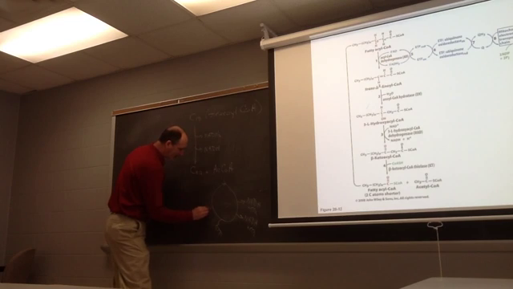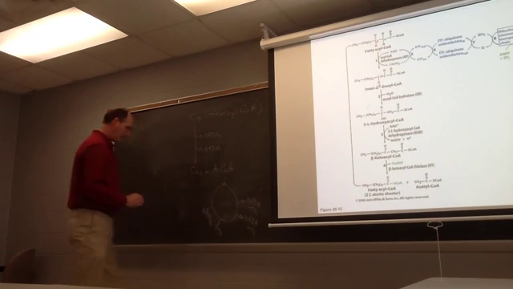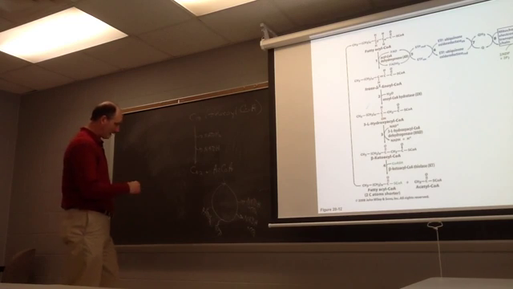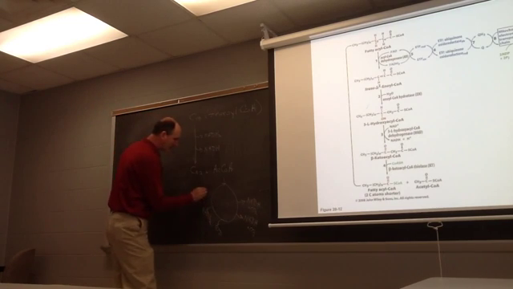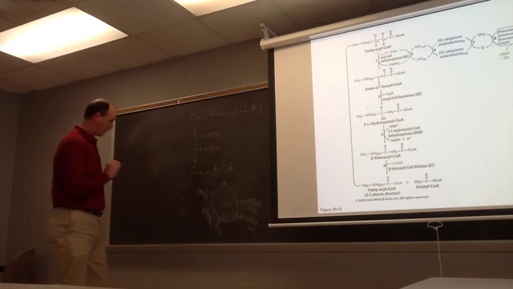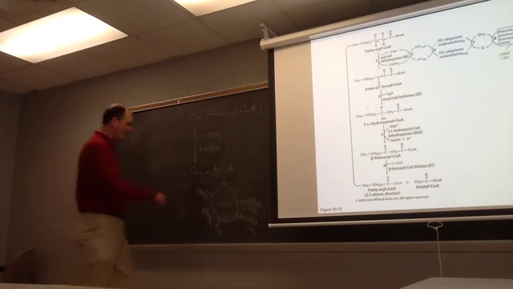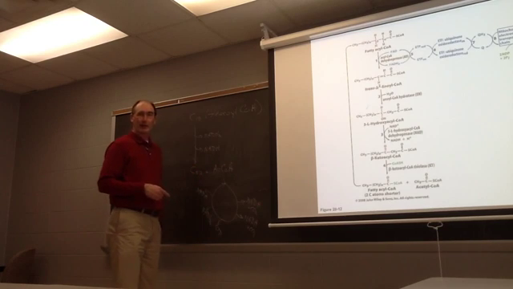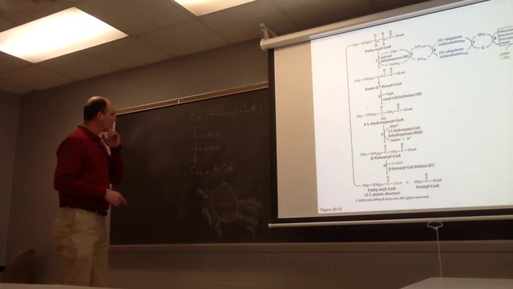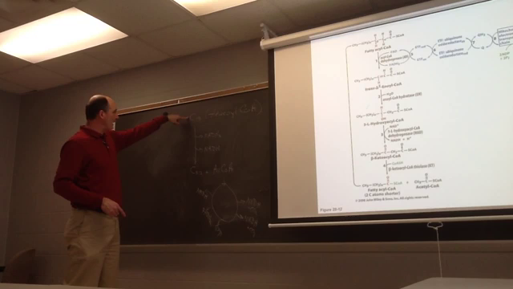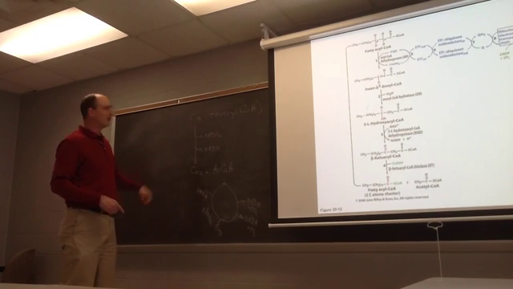We've got an FADH2 in succinate dehydrogenase, and we've got an NADH from malate dehydrogenase. Now we're back to oxaloacetate. We start again. So as we go through this, it gets 2 carbons shorter.